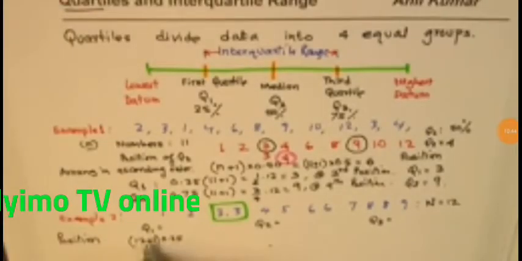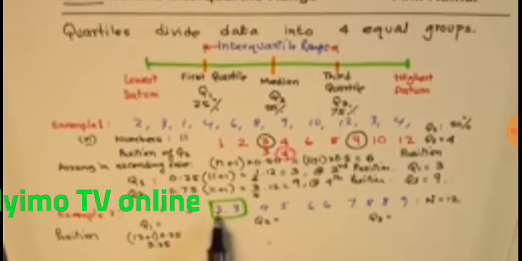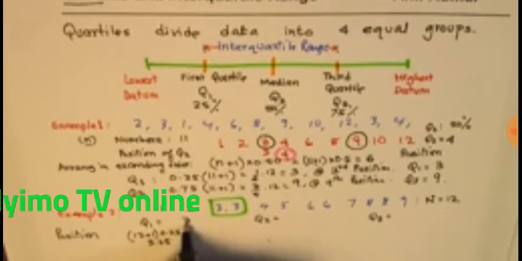So somewhere here between these two threes. Do you see that? So 3.25 means a number in between these two. That simply means that you're looking for a number between these two, so find the average of these two. So Q1 will be 3 plus 3 divided by 2, which is 3. So that is Q1.